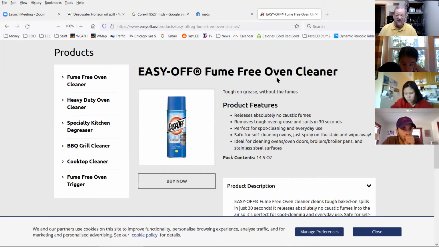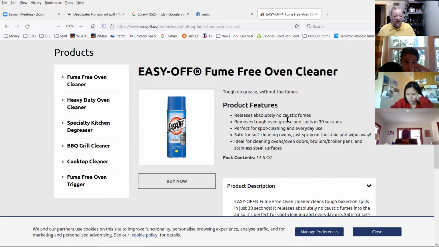Now, Easy-Off has 2 different products. One where you heat up the oven and then you spray the stuff on the hot oven, or put it in the oven and heat it up, and that uses very noxious chemicals. They smell bad. And this one, you don't have to heat it up. You just spray it on there. And notice they have caustic fumes. The other product has sodium and potassium hydroxide, caustic meaning base.